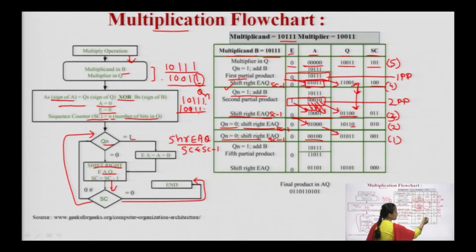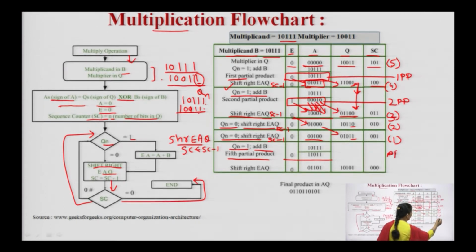Now, see the value of Qn, Q1 is equal to 1, I will add the partial product, this is my 5th partial product now: 3 pp, 4 pp and this is my 5th pp. Here I add, then I will get 11011 and 0.